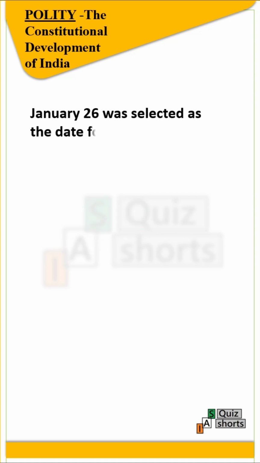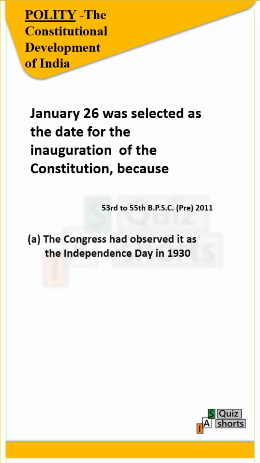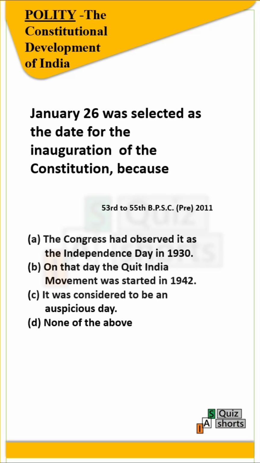January 26th was selected as the date for inauguration of the Constitution because A. The Congress had observed it as the Independence Day in 1930. B. On that day, the Quit India movement was started in 1942. C. It was considered to be an auspicious day. D. None of the above.